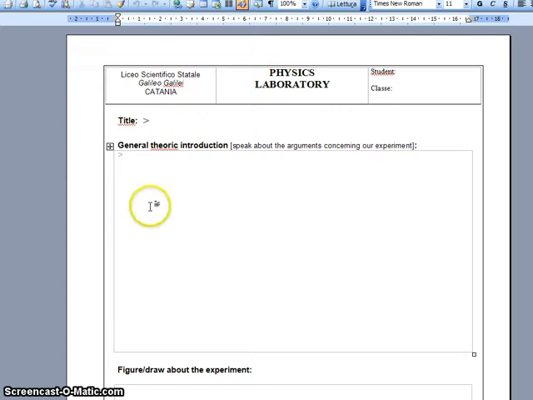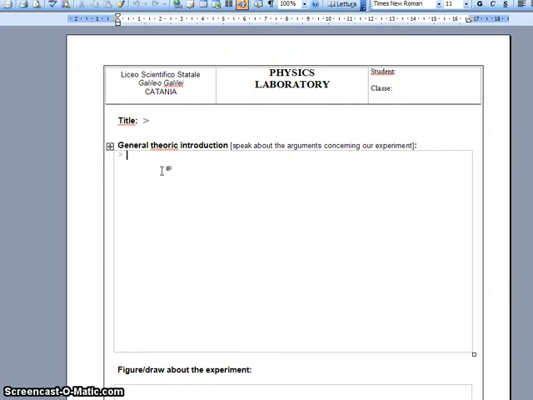So you have to write something about mechanical energy, especially, in particular, kinetic energy and potential energy.